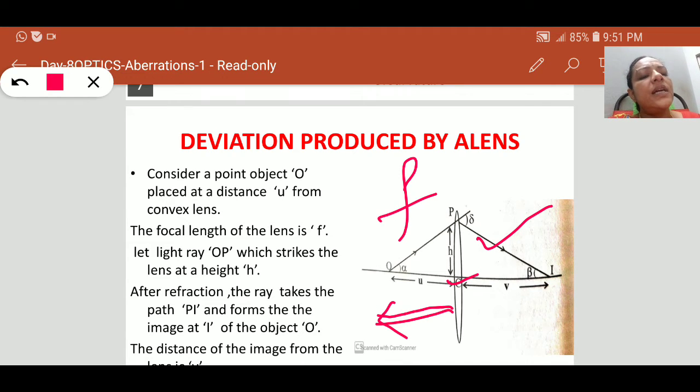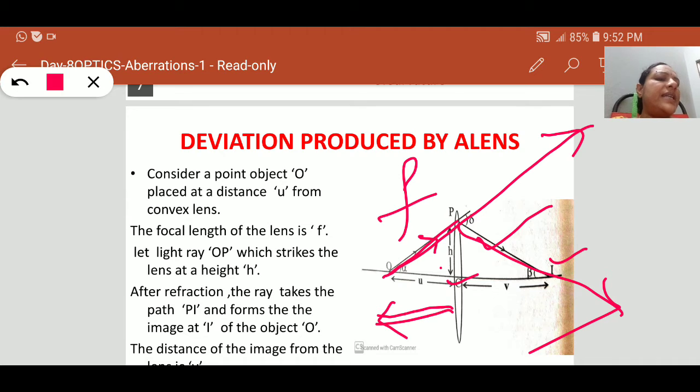After that, OP is the light ray which strikes this lens system at height h. After incidence, the light ray gets refracted and converges at the point where the image I is formed. Here deviation means the angle between the actual path of this light ray and the refracted ray.